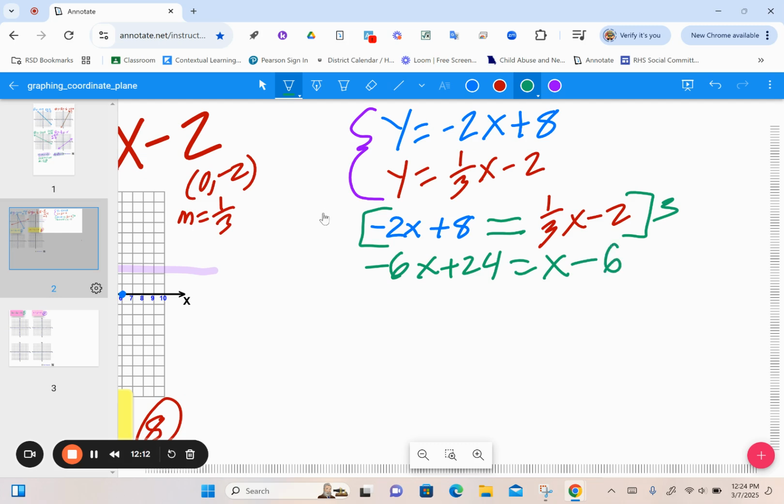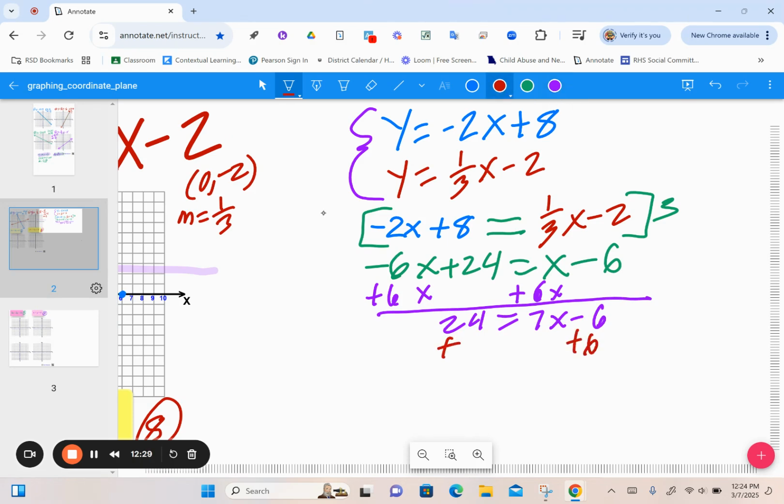Then I could add my 6x, because I moved my x's first, and I get 24 equals 7x minus 6. Then I could add 6 to both sides to move my numbers. So 30 equals 7x. Then I could divide both sides by 7. Turns out that's 4.2.